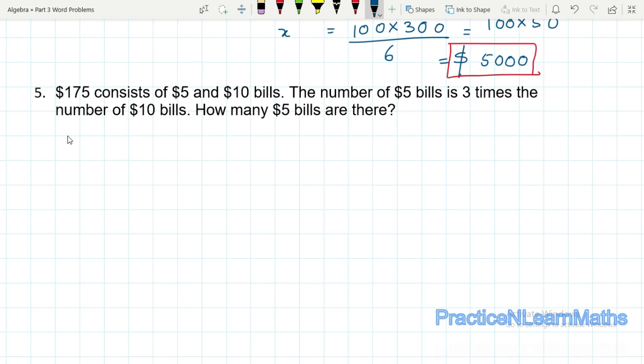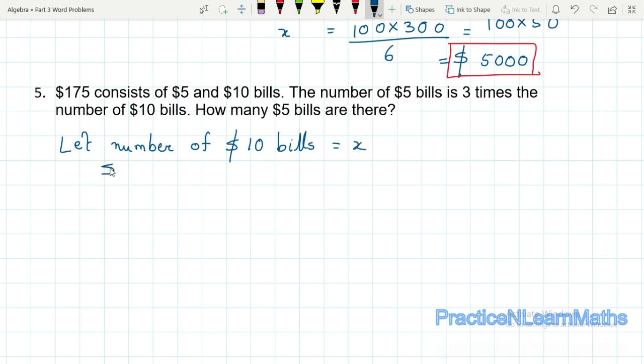So let number of $10 bills be equal to x.